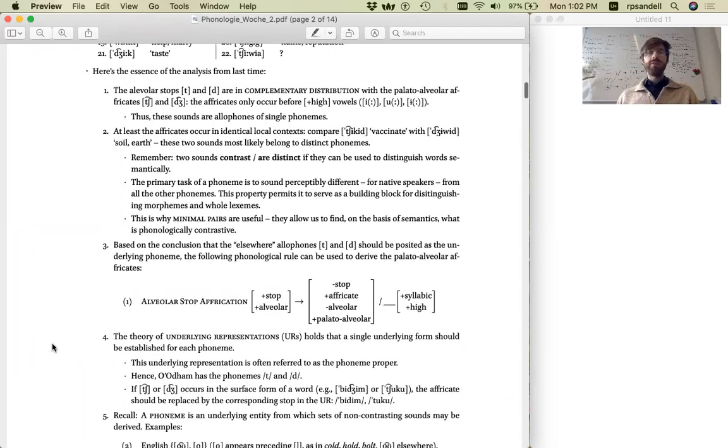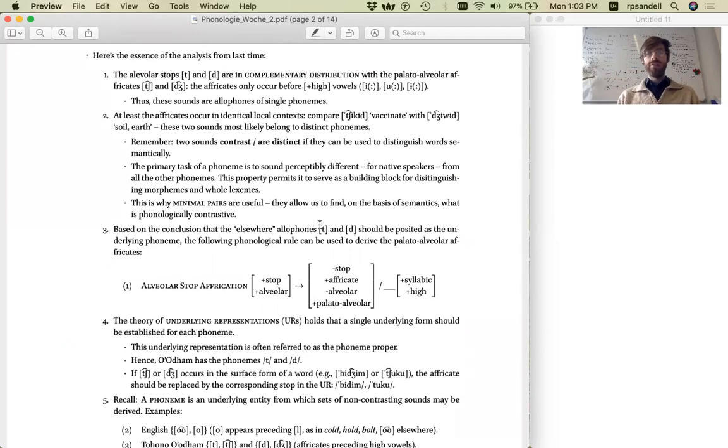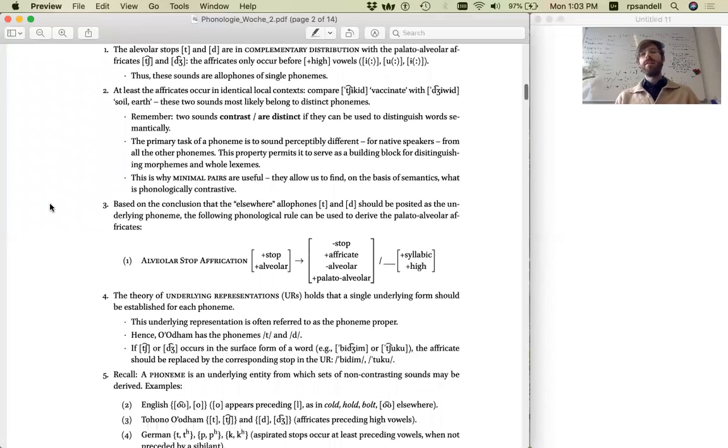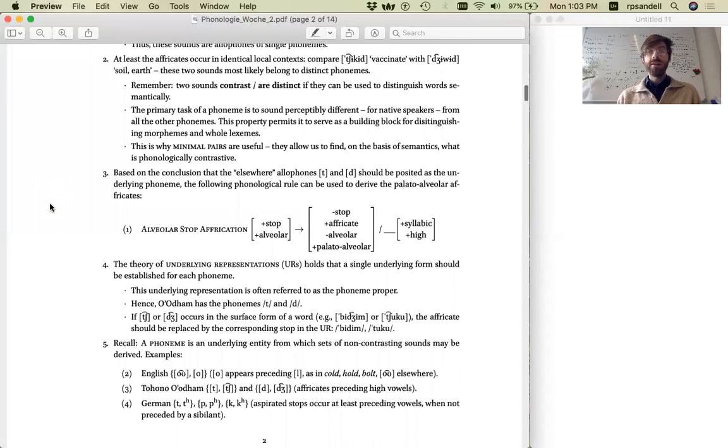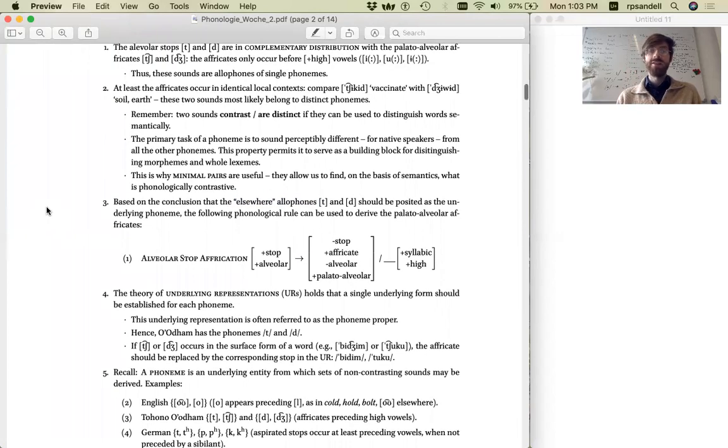So since we saw that the two stop allophones, t and d, occurred in a wider range of contexts than the affricate allophones, it makes sense to posit those elsewhere allophones as the underlying form of the phoneme, and use a phonological rule to derive the palato-alveolar affricate allophones.